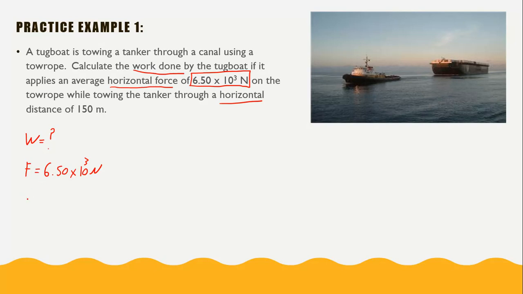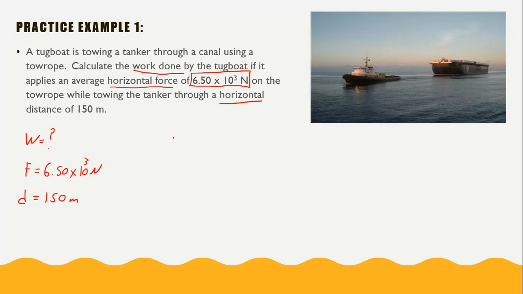And what they're asking us for is the work, so they have to give us another variable, which in this case is distance, and they're telling us that the distance traveled by the tanker is 150 meters. So is work being done? Is this meeting all the criteria of work? Is the force being applied to the tanker the same direction that the tanker is moving? It's horizontal. Yes, the tanker is moving, so work is being done.